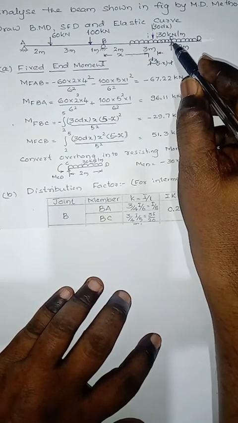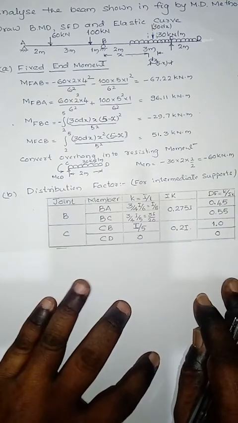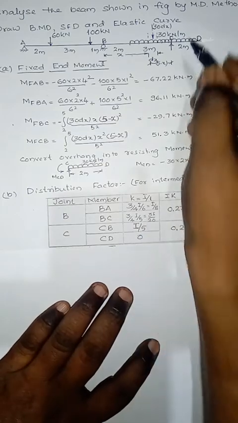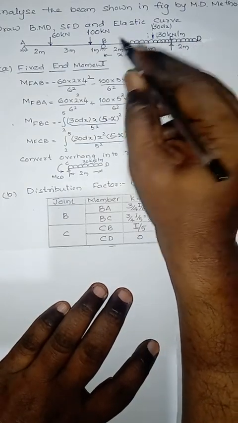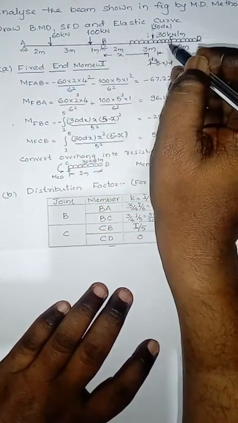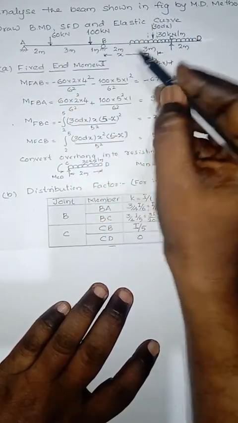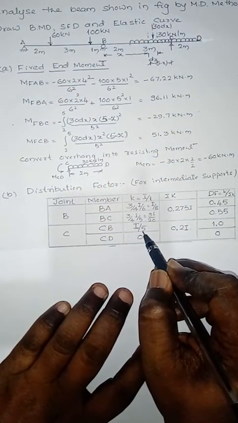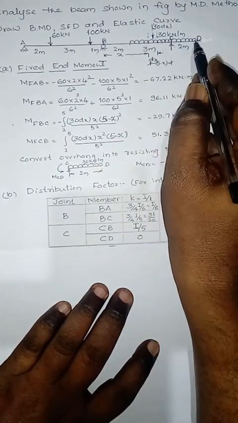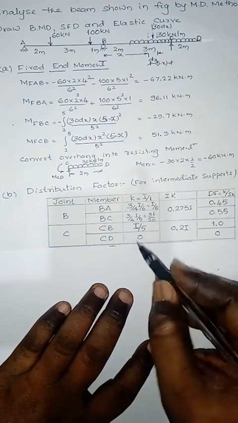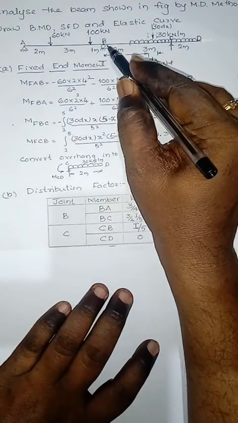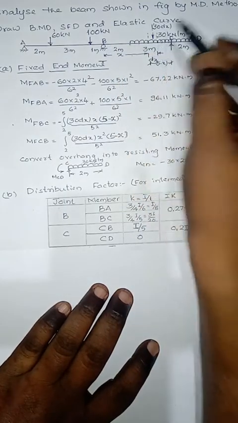Next, joint C. Here two members are connected, one is CB and another one is CD. For C, B is continuous, there is continuity, beyond B there is another support. Then K equals I by L. With respect to C, CD is an overhang, there is no stiffness, hence for CB K equals I by L. L is 5 meter, hence that is I by 5.